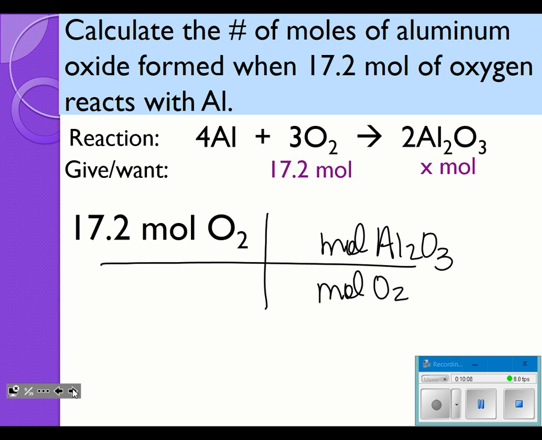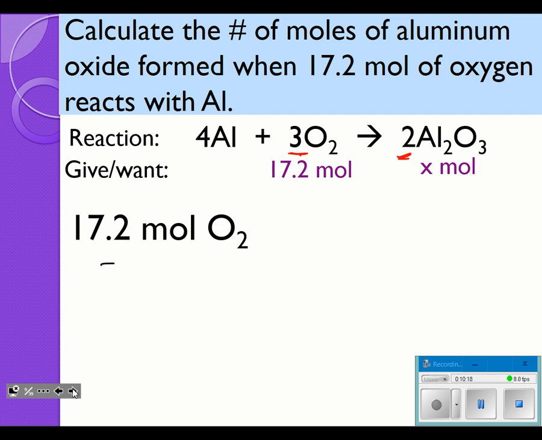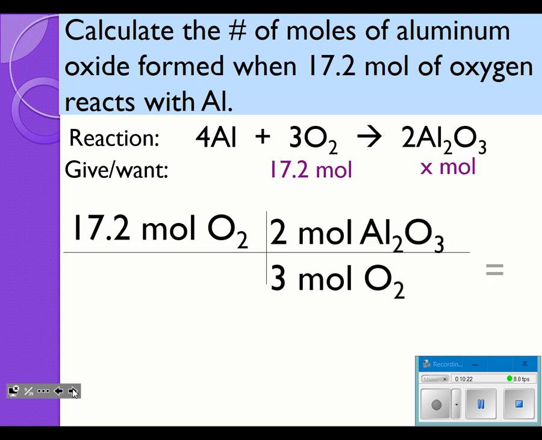And then I'm going to use the coefficients in front of them. So 3 goes with this one, and 2 goes with this one. Multiply across the top and divide by the bottom. All right, so that would end up with 11.5 moles of aluminum oxide.